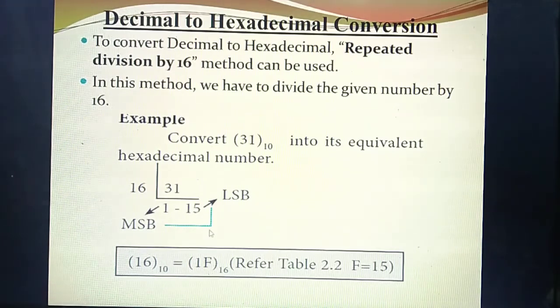When a value above 9 comes, you should use alphabets to represent it. What's the alphabetic value for 15? F. So what's the answer you are getting? 1F. In the question they asked to convert to hexadecimal, so what base value do you need to put? 16. Understand? So very important questions.